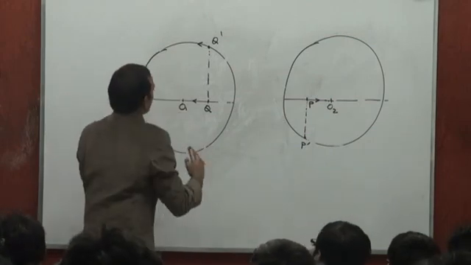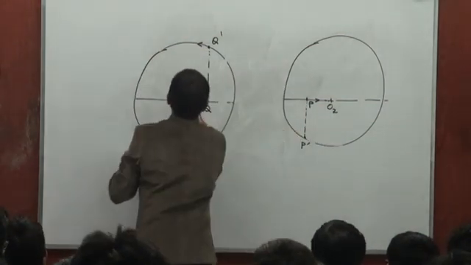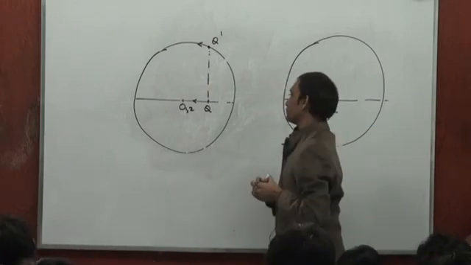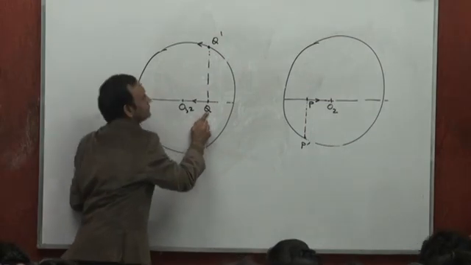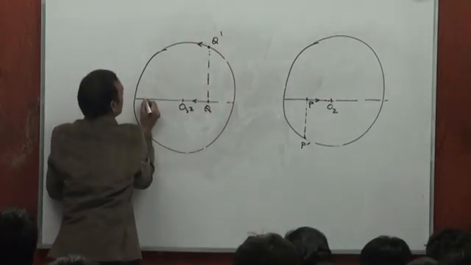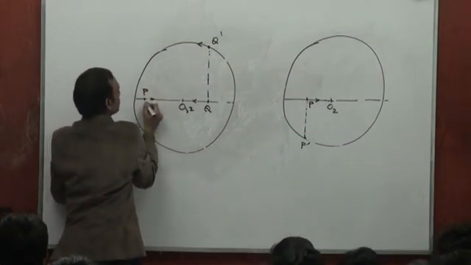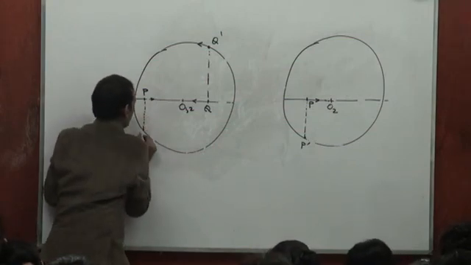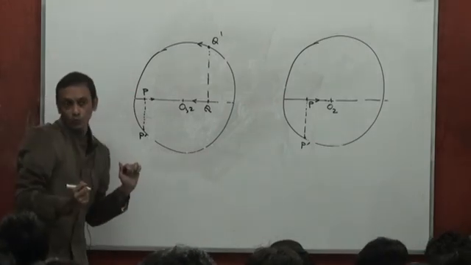Now O1 would coincide with O2, while Q would be here, Q prime would be there, and if P is here and is moving to the right, its corresponding point on the auxiliary circle would be here, and that would be P prime. Yes or no?